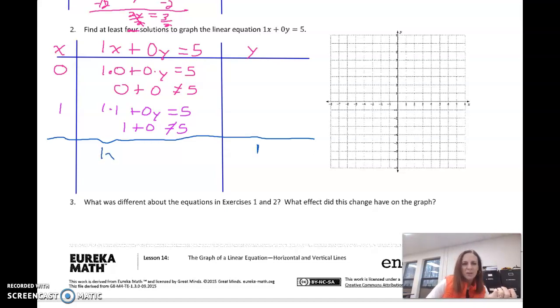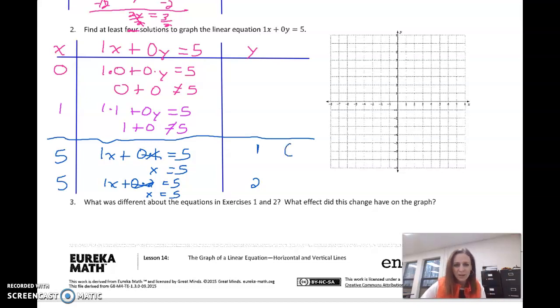If I do that, I get 1 times x plus 0 times 1 equals 5. Well, that cancels out, and I'm left with x equals 5, right? What if I put a 2 in? Guess I am finding 4 solutions. I'm going to go 1 times x plus 0 times 2 equals 5. That cancels out. I'm left with x equals 5. I'm getting a feeling here that no matter what I put in, x is going to equal 5.